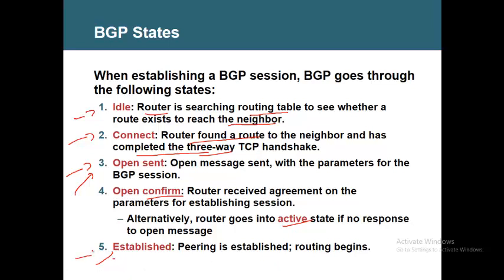If both sides are ready for the conversation, they are ready for BGP, then it goes to the established state. Otherwise, the open confirm will reset and go back to idle state. It will start again from here. If any one of these neighbor parameters doesn't match, even if you give a wrong IP address of the neighbor, it will come up to open confirm, but open confirm will not go to established state because the parameters don't match.